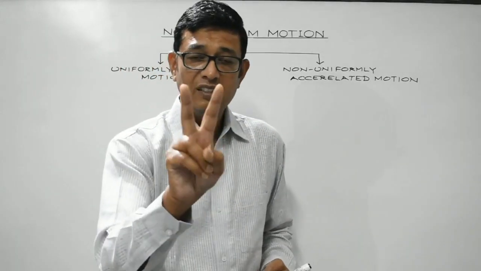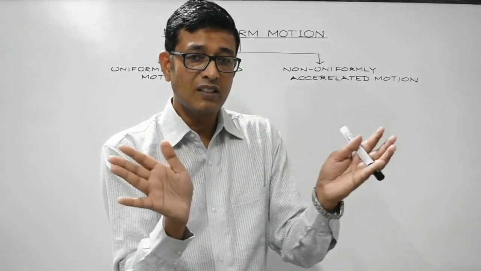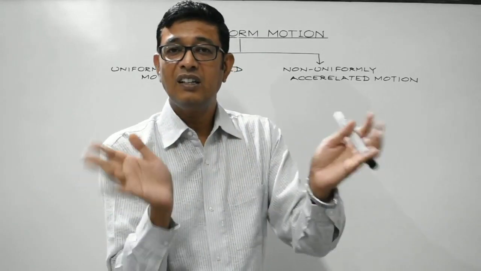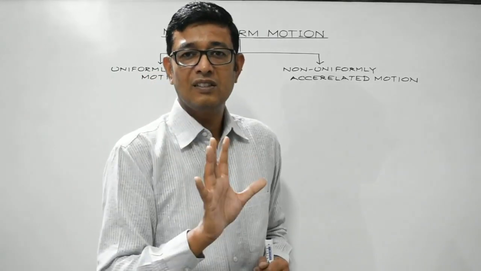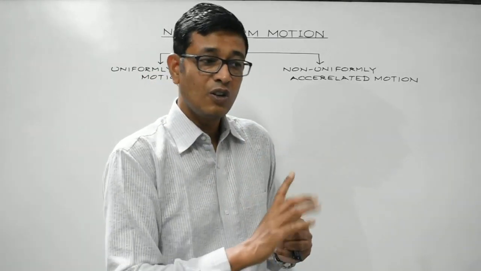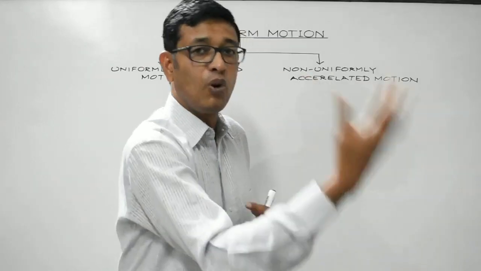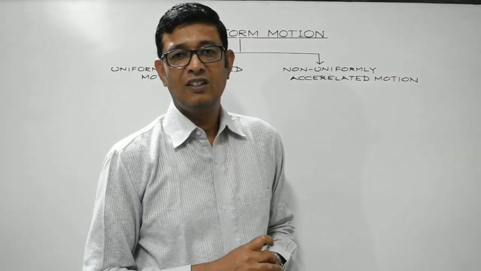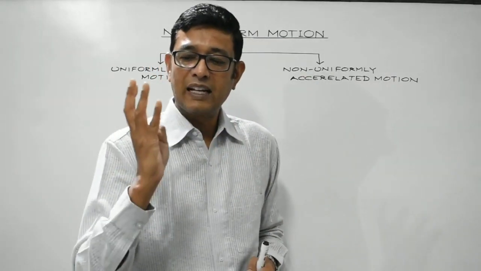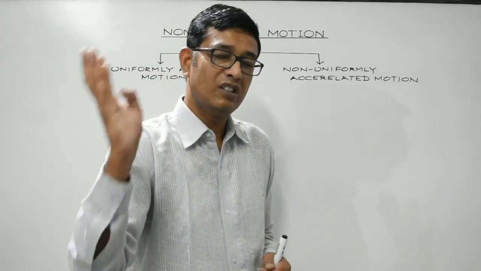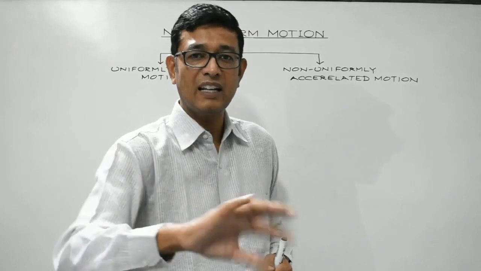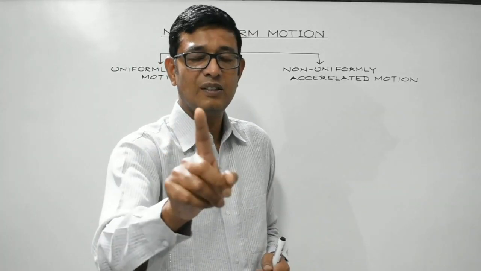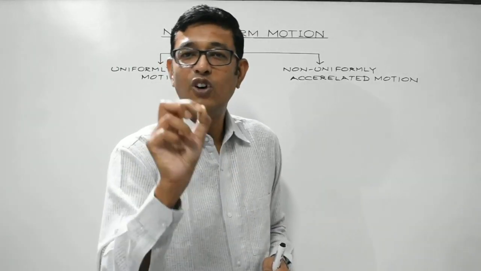Velocity, being a vector quantity, possesses two parts: one is the magnitude, the other is the direction. So in order to change velocity, either magnitude or direction or both can be changed. Even if only the magnitude changes, or the direction of motion changes, or both change, the body is said to have non-uniform motion.